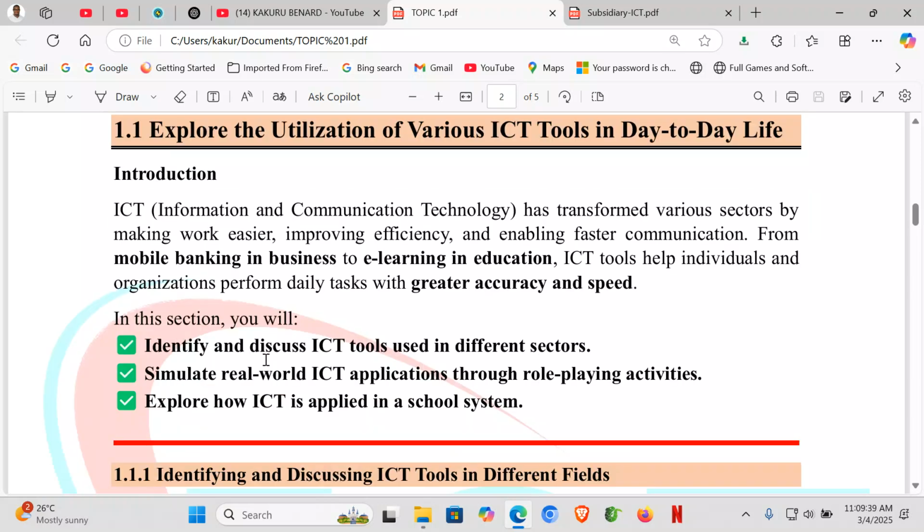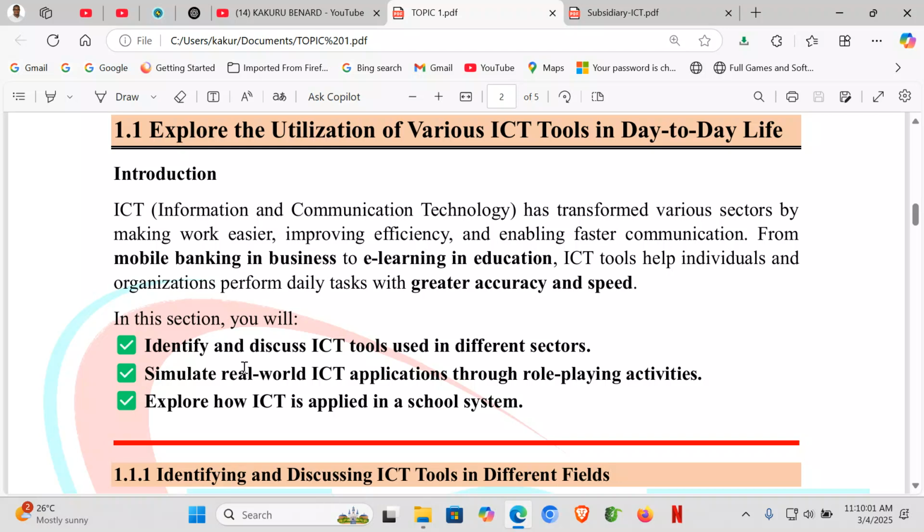Therefore, in this section, you will identify and discuss ICT tools used in different sectors. You will simulate real-world ICT applications through role-playing activities. You will explore how ICT is applied in a school system.